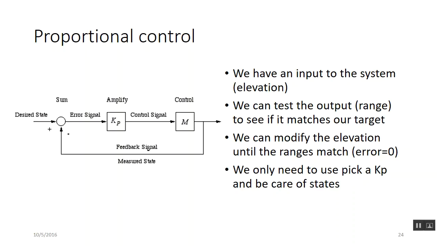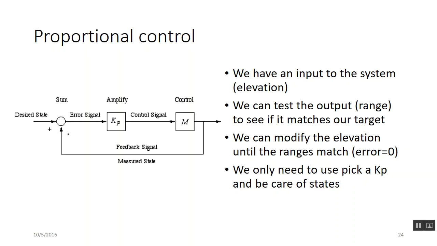You didn't want to oscillate back and forth. Right. I guess, when I was thinking about it, how does the relationship between the angle and the range relate to, what is KP, I guess?